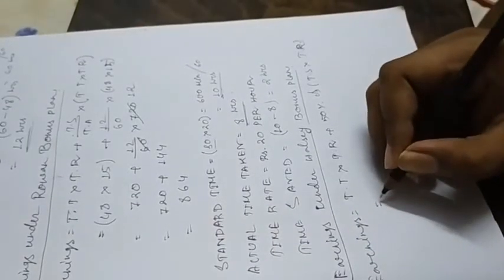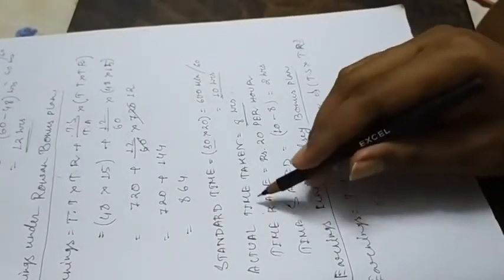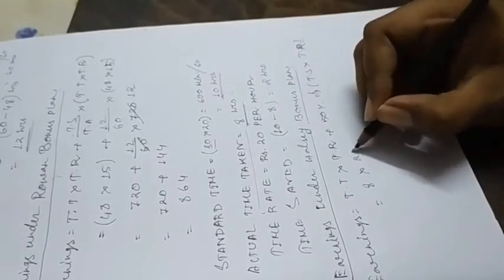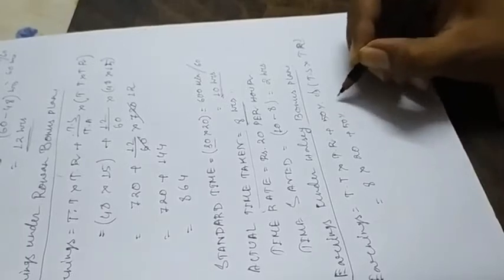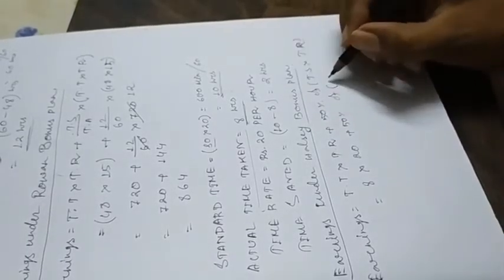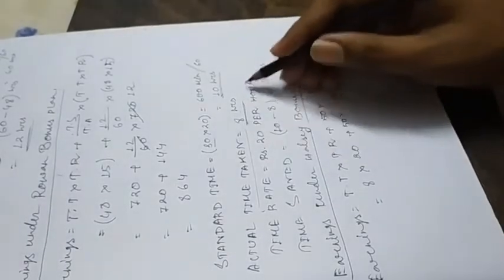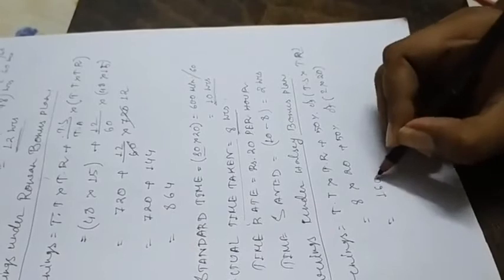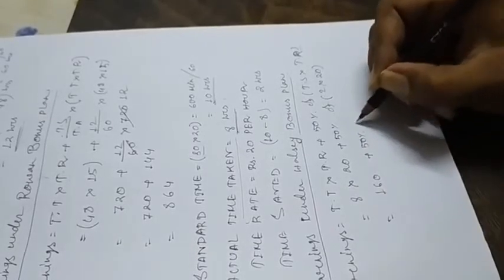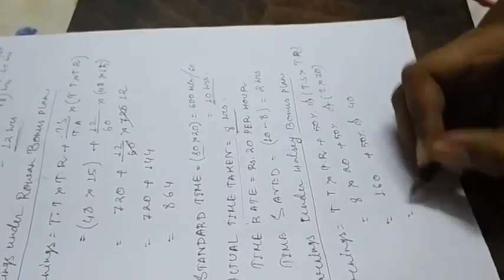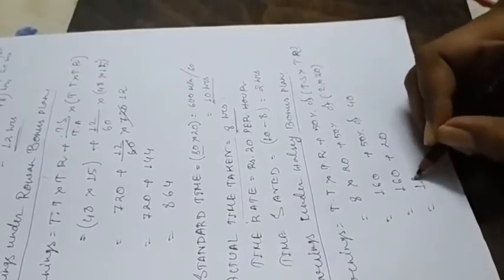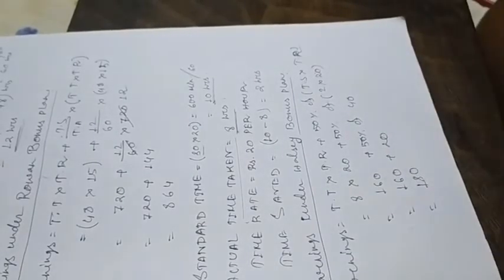So time taken is 8 hours, time rate 20 per hour, then 50% of time saved, this is 2 hours, and time rate, this is 20 per hour. This is 160 plus 50% of 40. That means 160 plus 50% of 40 is 20, and the total earning is 180.